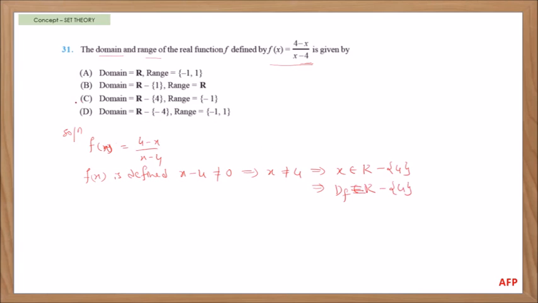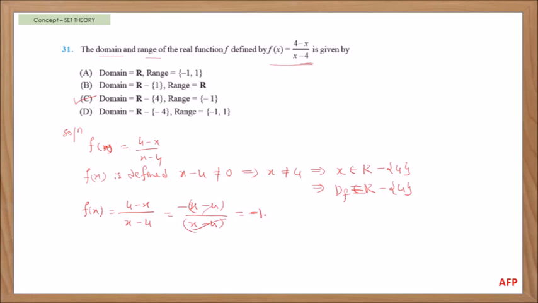So you can directly take this option, or else if you want the range also, I will calculate and show you. f of x is equal to (4 minus x) divided by (x minus 4). If I take a minus sign common from the numerator, I can cancel out and get minus 1.